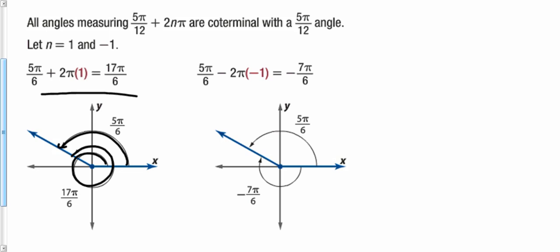My next angle, my coterminal angle, as I spin around the circle one whole time, is 2 pi plus 5 pi over 6, and we get 17 pi over 6. For a negative coterminal angle, we have my 5 pi over 6 going that way. Now we go back the opposite way and spin around the circle this way. So we take 2 pi and subtract it, and we get 7 pi over 6.